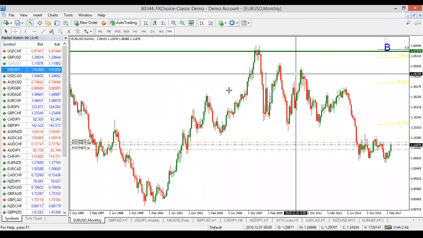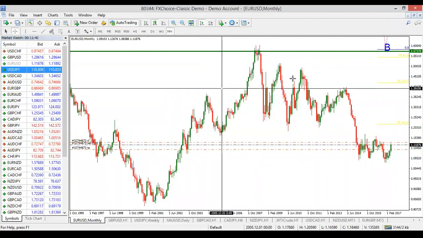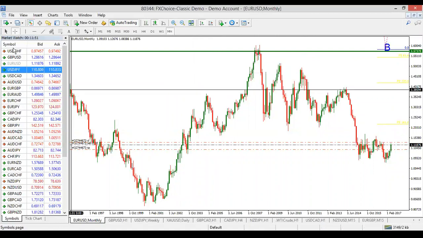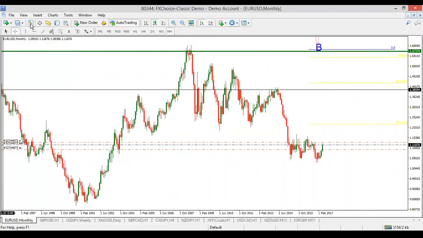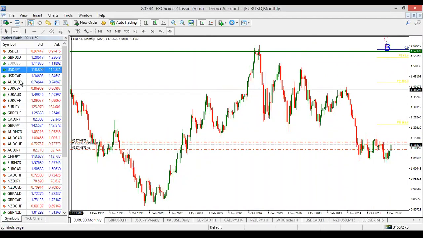I have the symbols on the left side of my computer. How do I double click for it to show and open like this for me to analyze? Okay. Highlight.